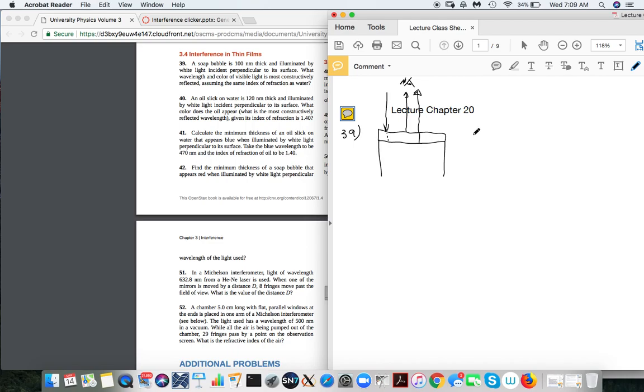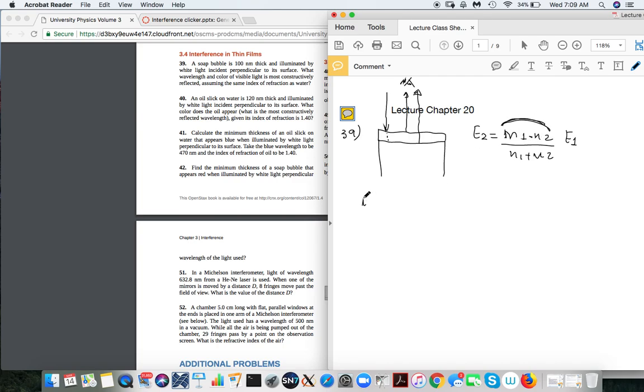The second thing is that the amplitude of the electric field coming out of this reflective light depends on this subtraction here. I mean, the direction of the electric field depends on this subtraction.